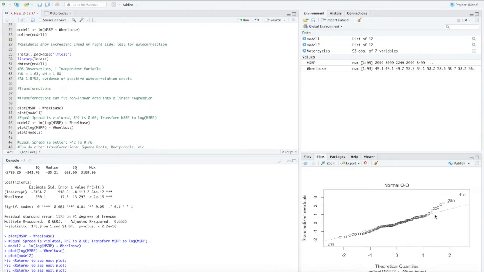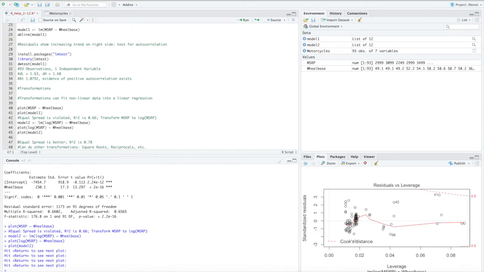More of them are falling on this dotted line, but it's not perfect because towards the tail end, at the right side of the QQ plot, we still see a large number of residuals coming off of this diagonal dotted line. So we can probably run another transformation to get those dots to fall on that line a little better.